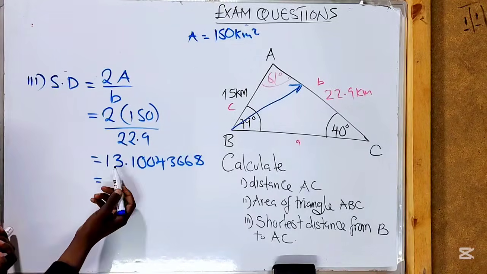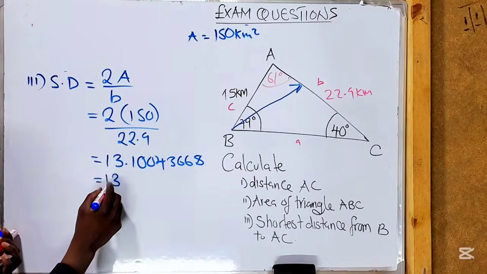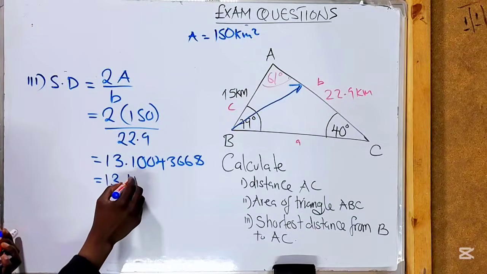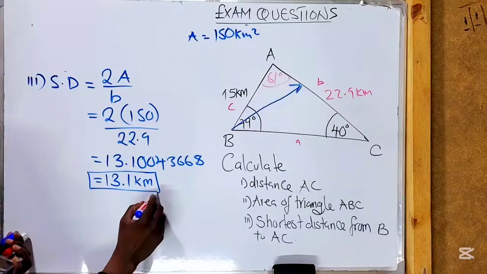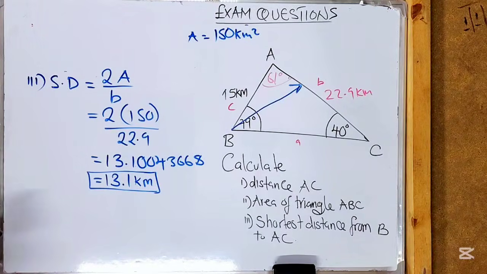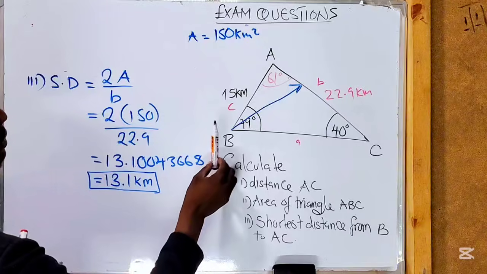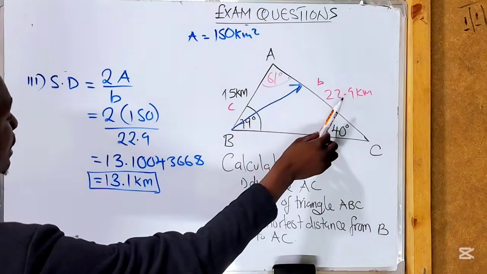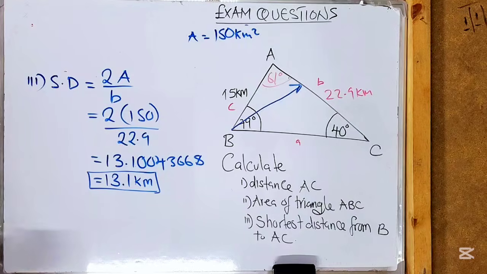For 3 significant figures, we have 1, 2, 3, so it will be just 13.1 kilometers. Okay, this is the answer. Now let's check, is it the shortest distance? All right. Yes, it is. We have 15, 9, 22. So indeed, it is the shortest distance.